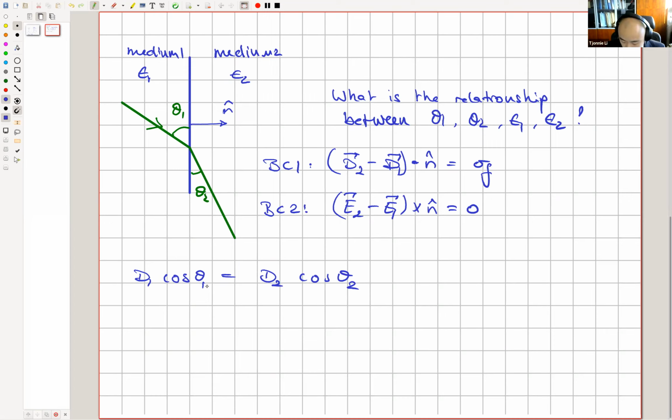Okay, and so writing this out, what do I get? I get that epsilon 1 E1 cosine theta 1 equals epsilon 2 E2 cosine theta 2.